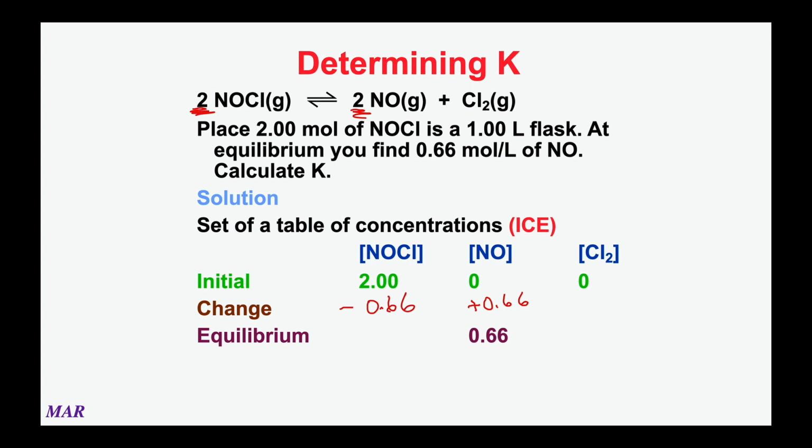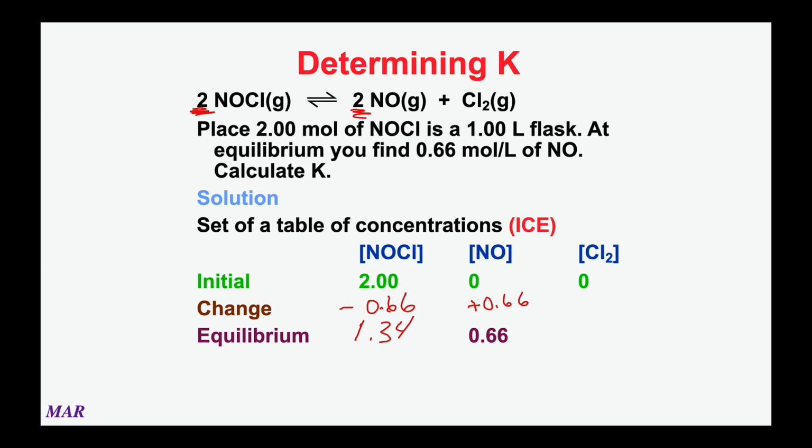We can calculate the equilibrium concentration of NOCl. It's 1.34. It's 2.00 minus 0.66. So knowing the equilibrium concentration of NO allowed us to calculate the equilibrium concentration of NOCl as well.